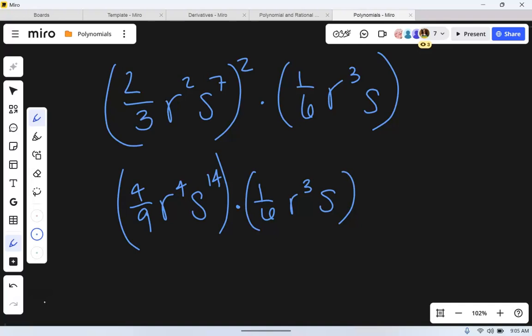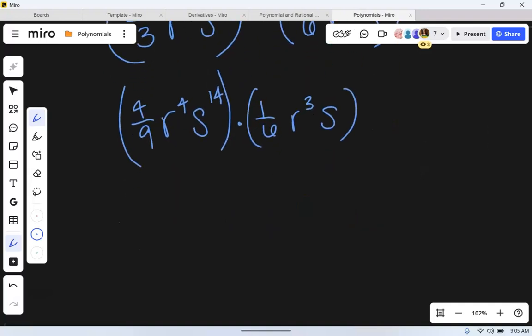Any one thing. You absolutely could. You can add those together. So Callie says, because I'm multiplying here, I can say 4/9. I can add the 4 and the 3 together on the R's and get R7. I agree.